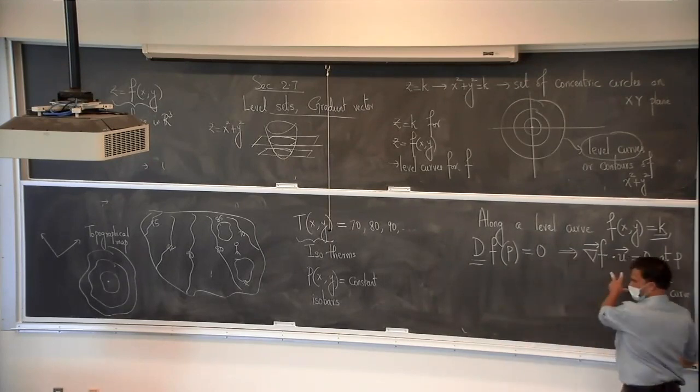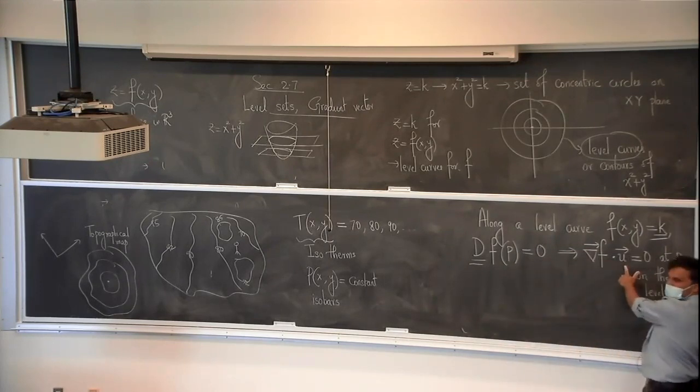Whenever the dot product is equal to 0, what is the angle between those two vectors? 90 degrees.